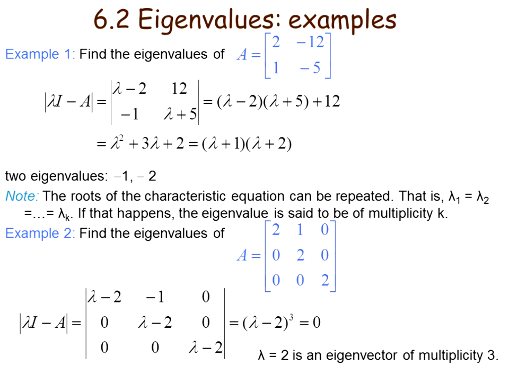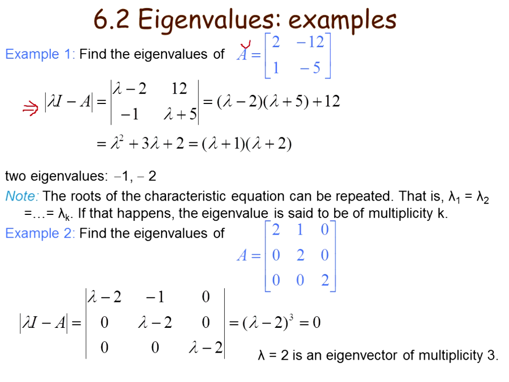Now there is a small question. Find the eigenvalues of a matrix A. There is a matrix given. So first of all I have to write the characteristic equation: lambda I minus A is equal to 0.